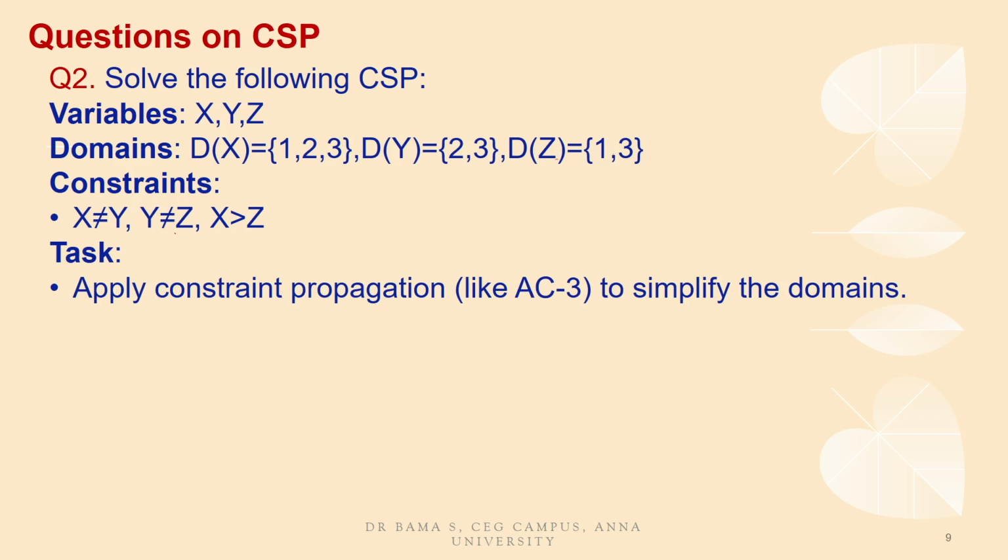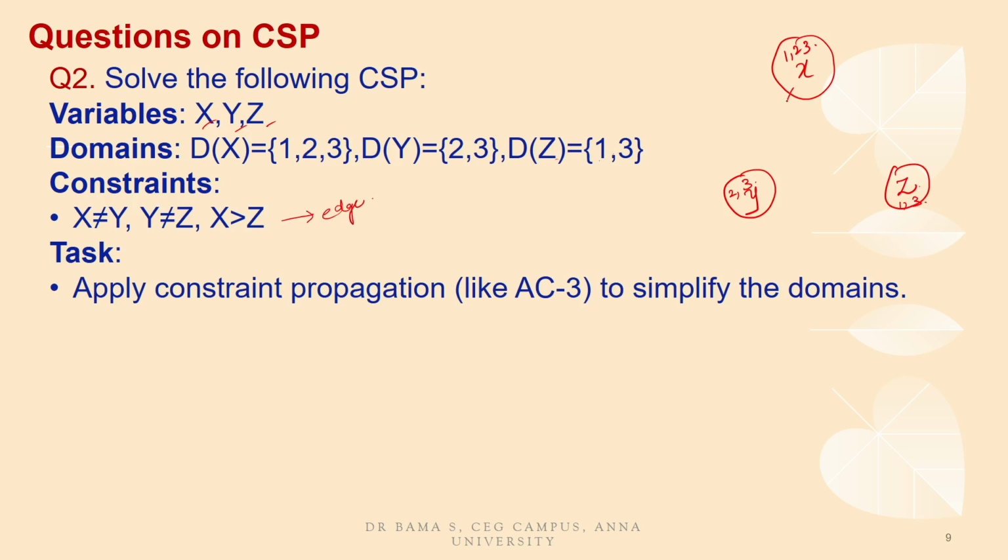To begin, we have to draw this as a graph with 3 nodes x, y and z representing the variables. So, x will take the values 1 2 3, y takes the values 2 3 and z takes the values 1 3. The constraints are going to be represented as edges.